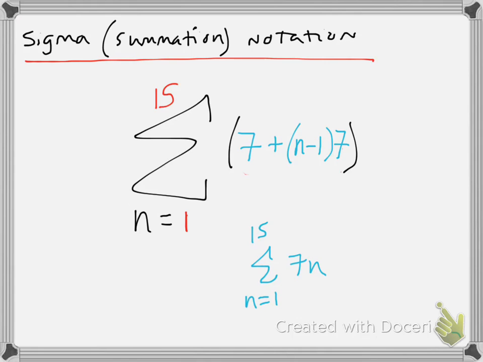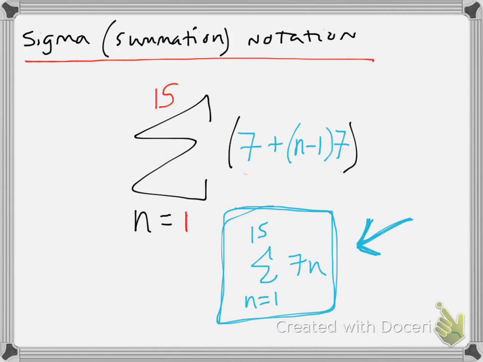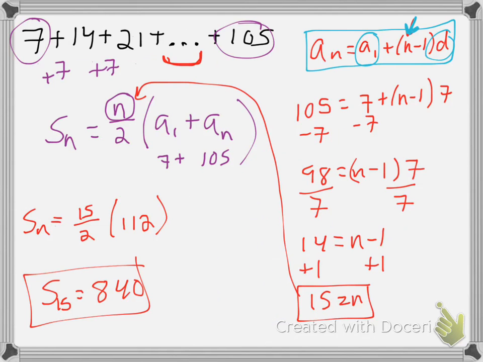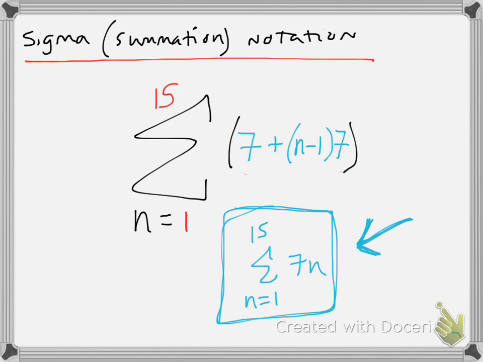And so now you'll be able to take this and plug this into a calculator. And I'll show you how to do that in a different video. But for this video, you need to know how to set this up, because there are some multiple choice questions that'll be like, which of the following represent this arithmetic series in summation notation? And that's the answer that we'll be looking for.